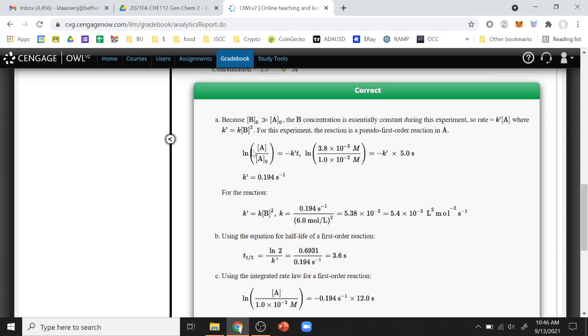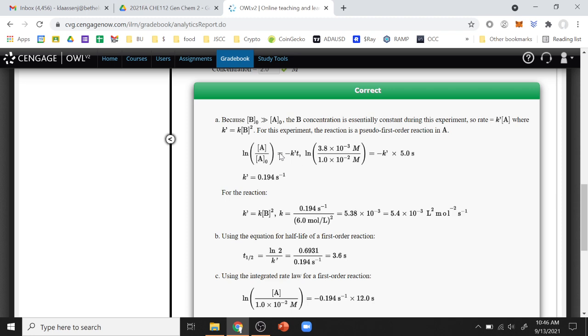So we can be clear. Okay, and that's the natural log of the concentration of A divided by the concentration of A0, which is the initial, equals negative K prime T, which is the time.